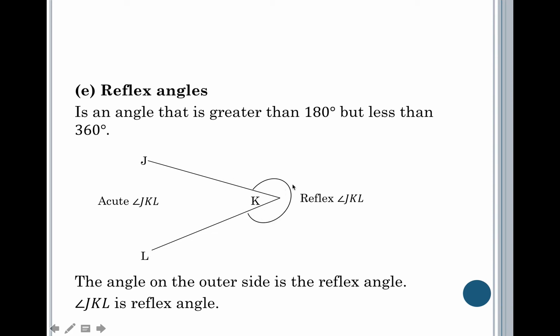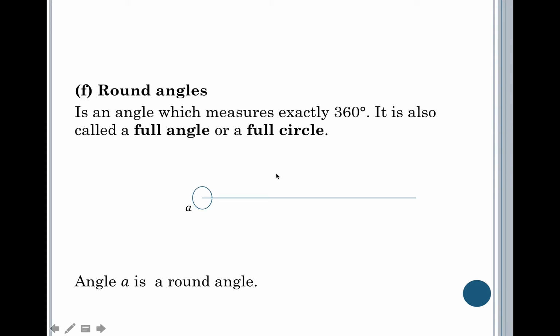That's the reason why the hump is on the outside. A round angle is normally represented by this line, and then the hump goes all the way around into a full circle. So it's normally going to be 360 degrees, and it's called a full circle or a full angle. So angle A is a round angle because it makes a complete circle.